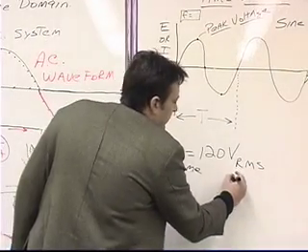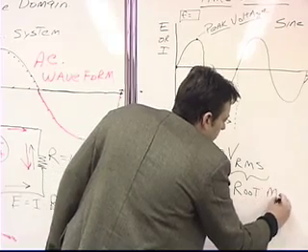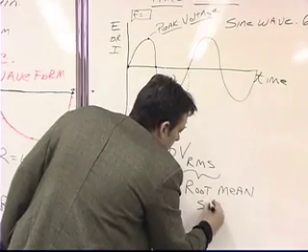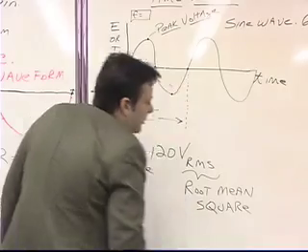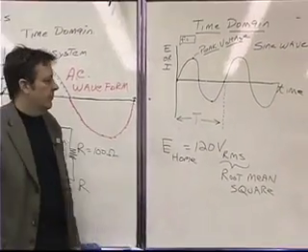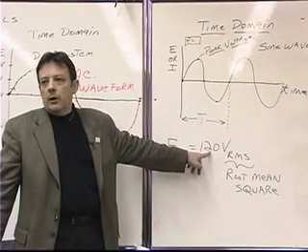And RMS is root mean square. Okay? So the 120 volts is root mean square.